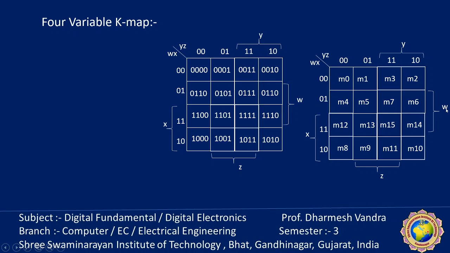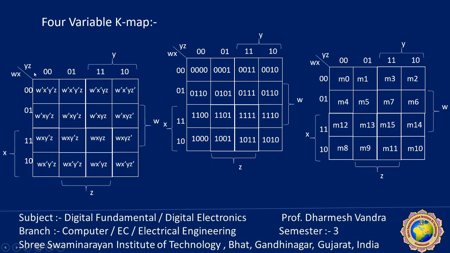The middle two rows are represented by w, so the upper and bottom rows are w dash. In the columns, the middle two columns are represented by z, so the left and rightmost columns are represented by z dash. The last two columns are represented by the variable y, so the first two columns are represented as y dash.